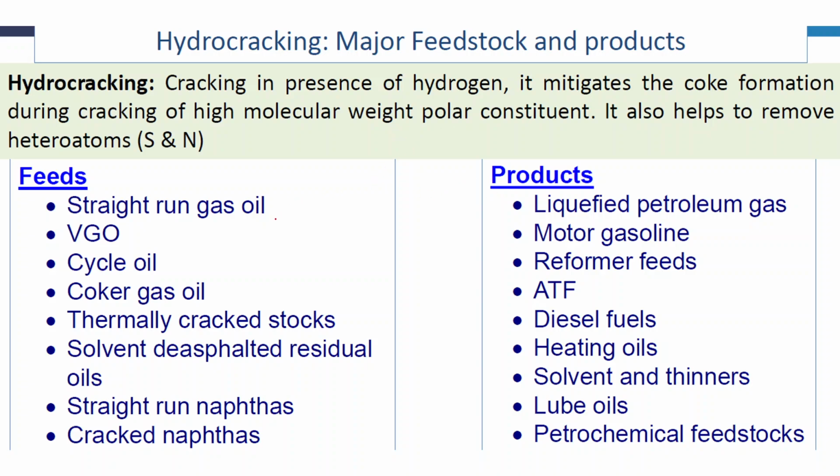So the feed in hydrocracking is straight run gas oil, vacuum gas oil, cycle oil, coker gas oil, thermally cracked stock, solvent deasphalted residual oil, straight run naphthas, cracked naphtha. The products produced are LPG, motor gas oil, reformer feeds, ATF, diesel fuels, heating oils, solvent and thinners, lube oils, petrochemical feedstocks.